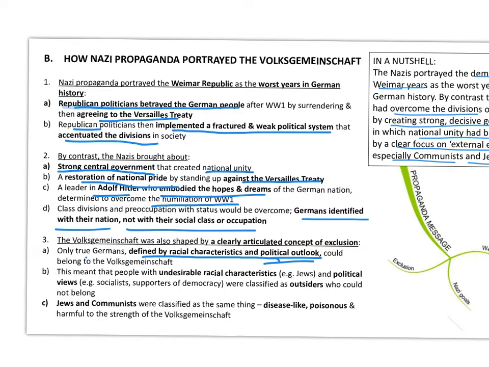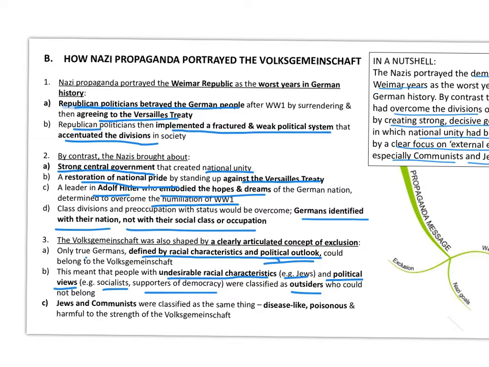What that basically meant was that people with undesirable racial characteristics, such as the Jews, were outside the national community. People with strong political views from the old world, e.g. socialists or supporters of democracy, were outside the national community.